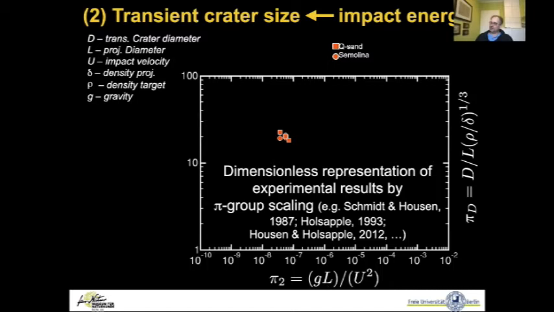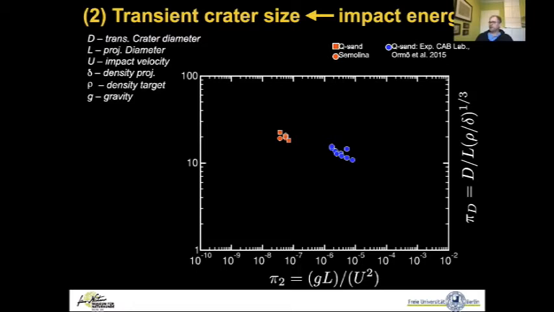And this is basically the scaled diameter, so the diameter of the crater over the diameter of the projectile. Density ratios we don't consider here. There's another experimental series. I just used the slide that I had at hand here from Jens Ormö. We did experiments in a laboratory in Madrid. And then we also added some of the Holsapple and Housen data.